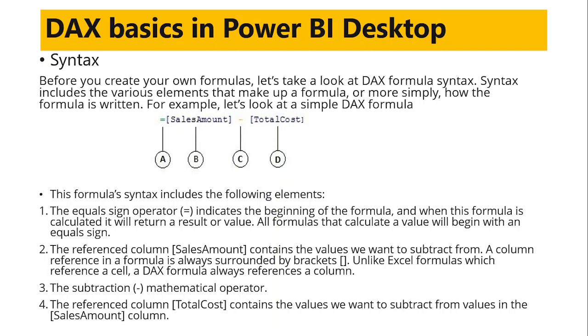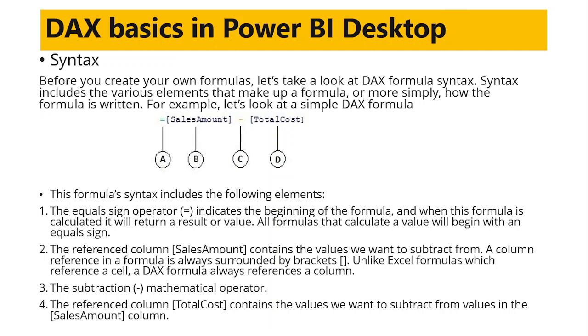Now let's start with how to use DAX in Power BI. It has a syntax. When you write any formula, there is a syntax. In DAX also we have a syntax, which we can break down into an equal sign, a column, an operator, and a reference column.